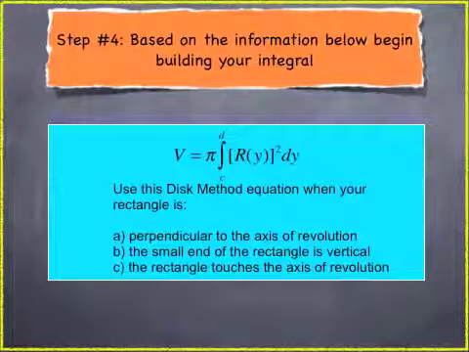If it doesn't actually touch that axis, if there's a gap there, then you're going to have to use the washer method, and your formula is going to look a little bit different. For the moment, we have a situation where it does touch it, so we're going to use the equation that we have in this example.